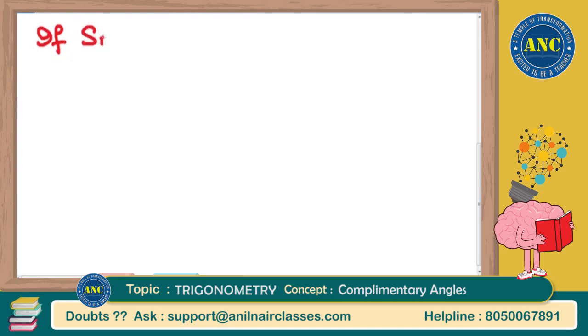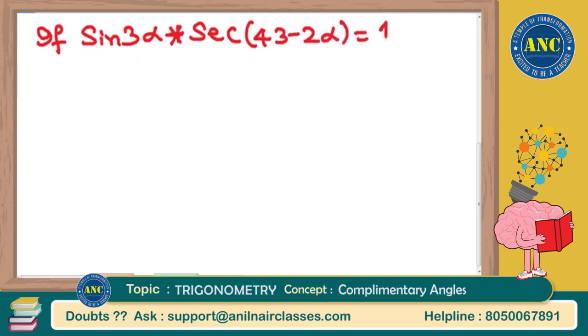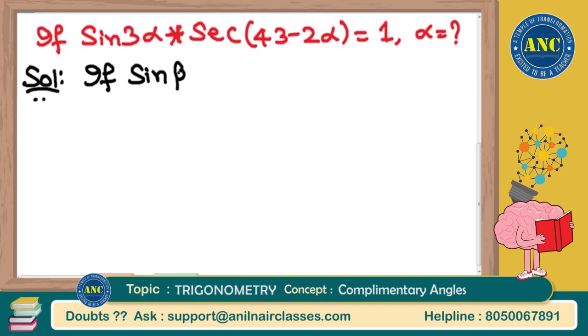If sine 3 alpha into secant of 43 minus 2 alpha is equal to 1, find the value of alpha. Now, if you remember, sir, in our conclusion, we concluded that if sine alpha into secant beta is equal to 1, then alpha plus beta is again 90 degrees.